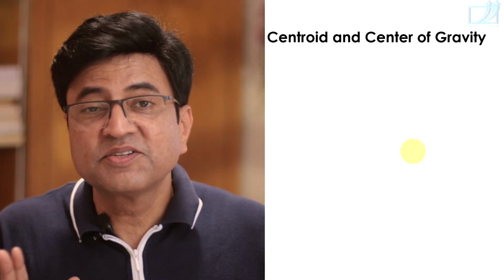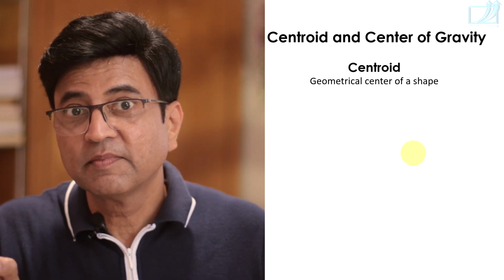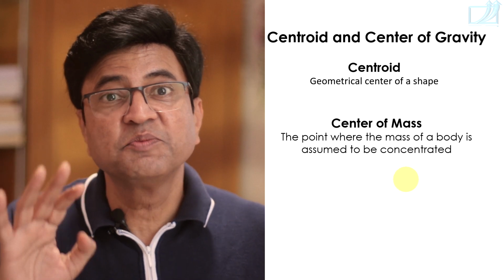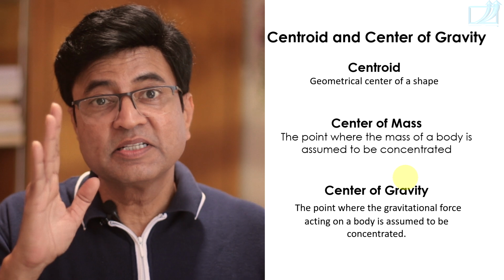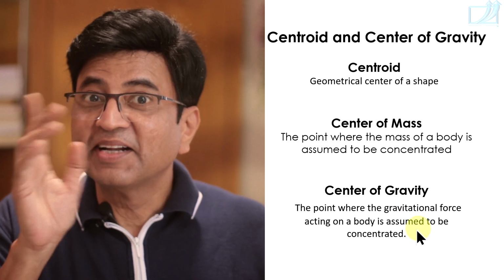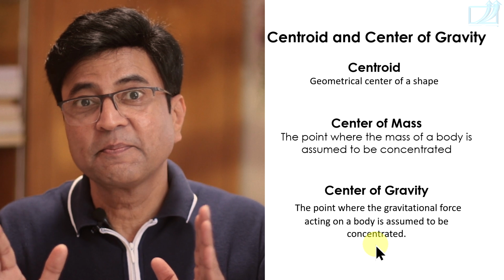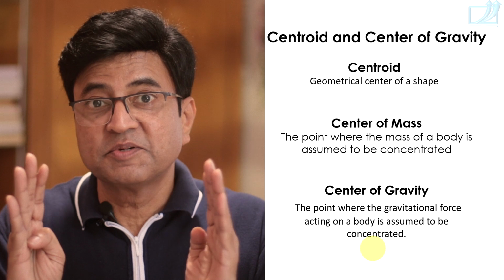So from all these discussion, what you should understand, centroid is center of a shape. Center of mass is the point where mass of a body is assumed to be concentrated. And center of gravity is the point where gravitational force acting on the body is assumed to be acting. These three terms are different concepts, so remember carefully.